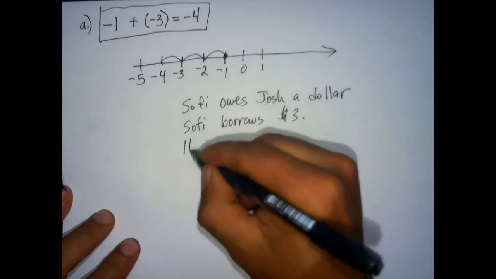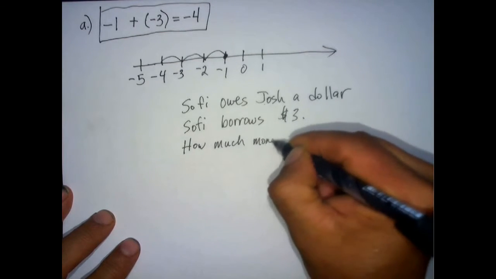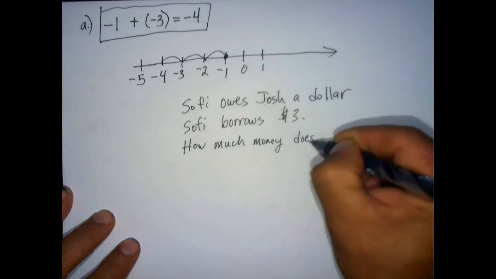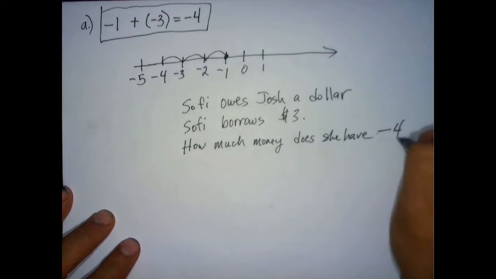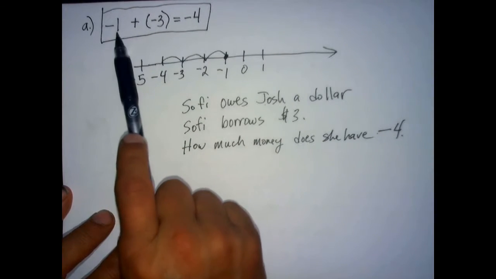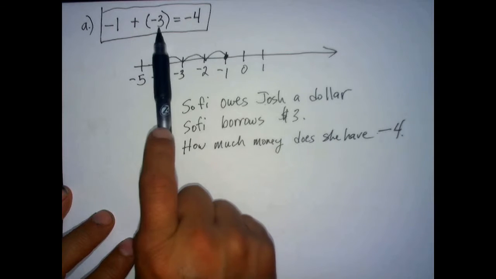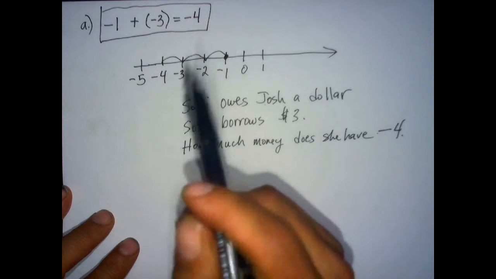How much money does she have? Well, I have $4 that I don't have. Yeah, you're in the hole $4. So you're already in the hole. You get further in the hole, further in debt. That means your answer is you're going to be in debt. Overall loss.